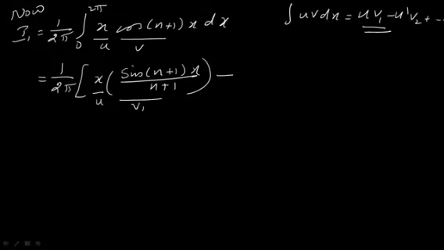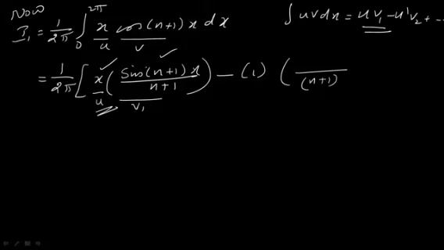Next, minus u dash. For u dash, you differentiate the first term and integrate the second term. Alternatively you put plus minus. Now differentiating x, you get 1. Now integrating v1, which is sin (n plus 1)x by n plus 1, the denominator n plus 1 is a constant, so keep it as it is.